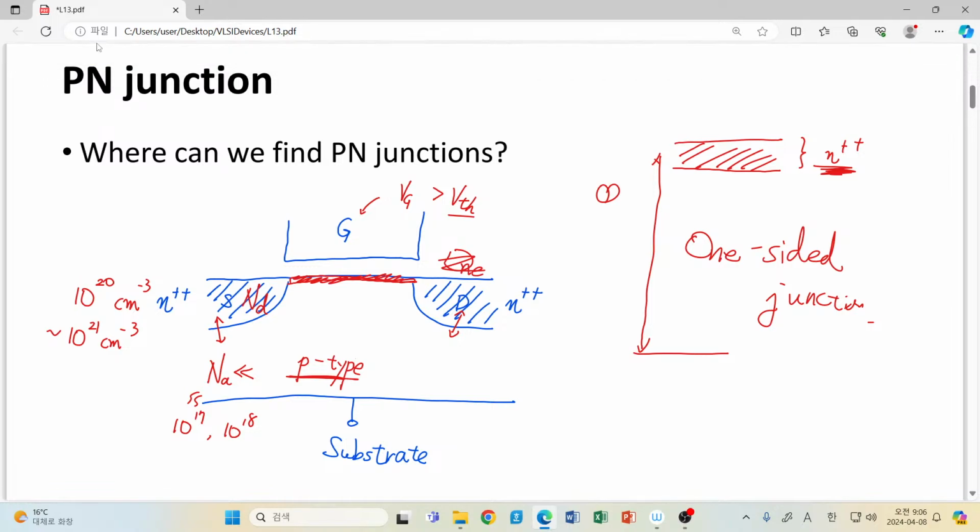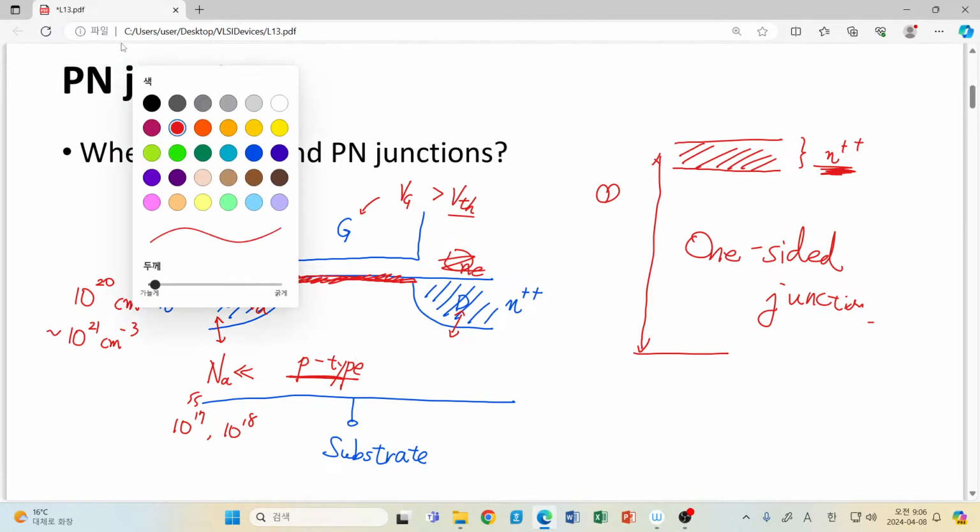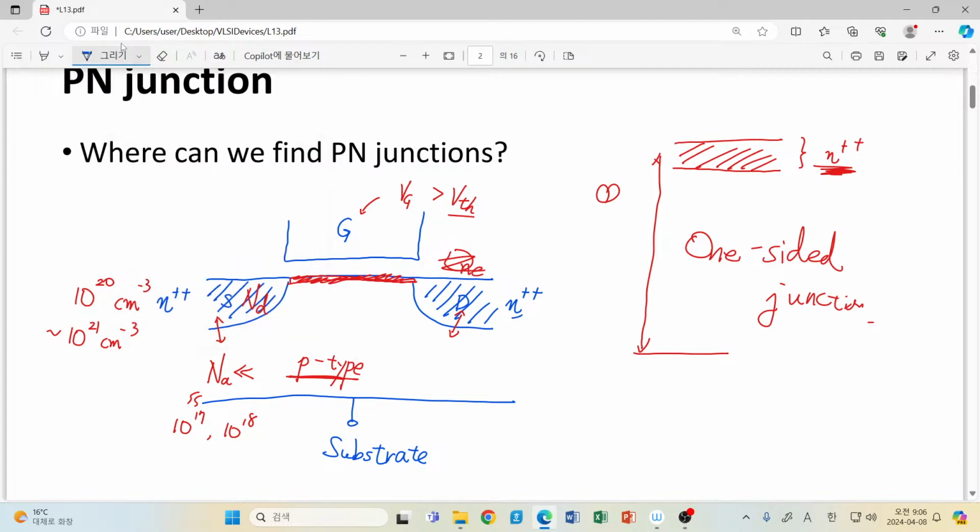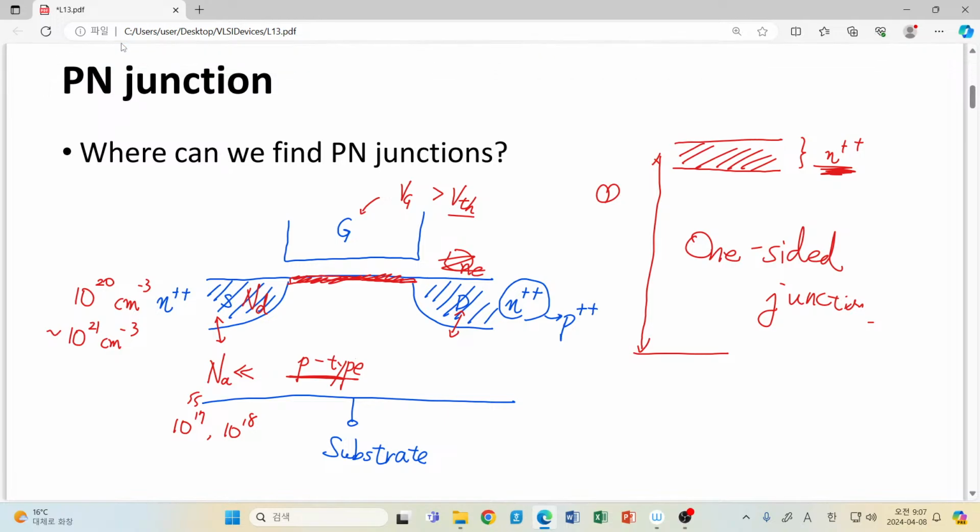Of course, if we consider the other type of MOSFET called the P MOSFET, then instead of N++ we introduce P++, with a more or less similar doping level, and instead of the P-type substrate we introduce an N-type substrate, also with doping density more or less similar to that of the P-type density in the N MOSFET.